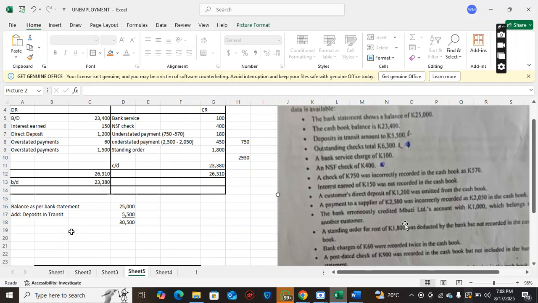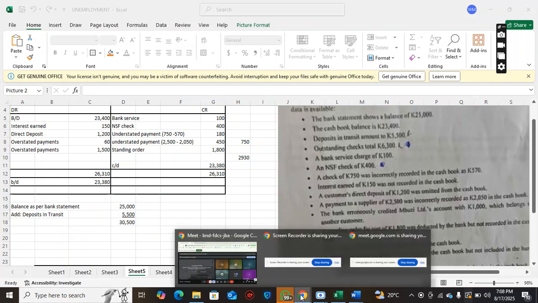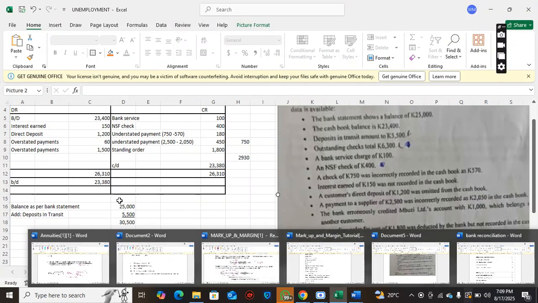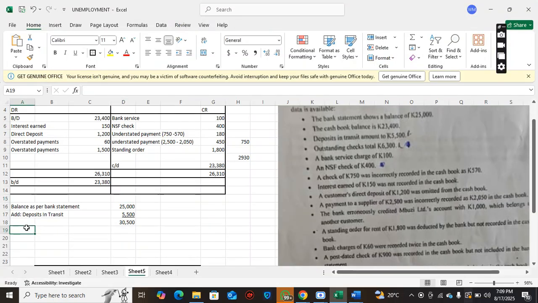Since it was credited, it means our account increased by 1,000. So to correct the error, we need to subtract. So less bank error, 1,000.